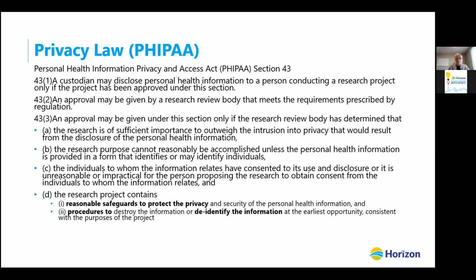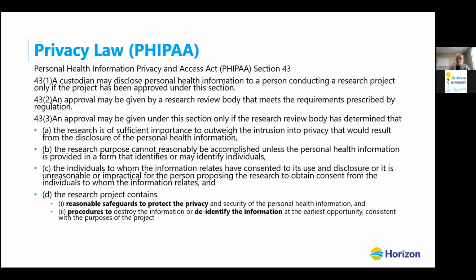So what are the privacy laws governing research? Section 43 in our provincial privacy legislation talks about research from the perspective that a custodian may disclose personal health information to a person conducting research only if the project has met certain criteria. The first is that it has to be reviewed by a research review body that meets the requirements of the legislation.